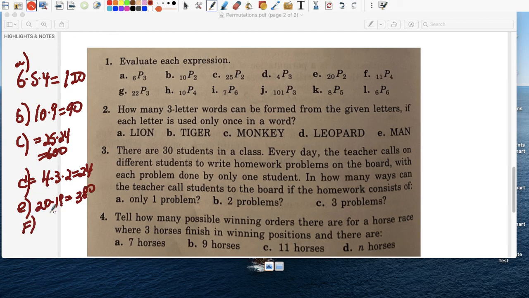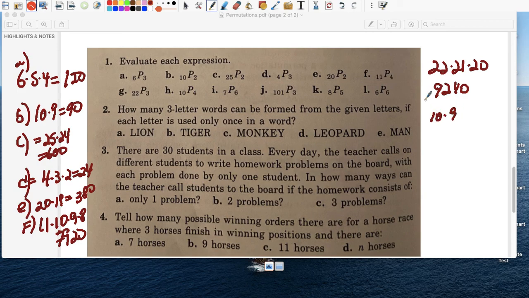F would be 11 times 10 times 9 times 8, and that's going to give you 7,920. G is going to be 22 times 21 times 20, which is 9,240. H is going to be 10 times 9 times 8 times 7.